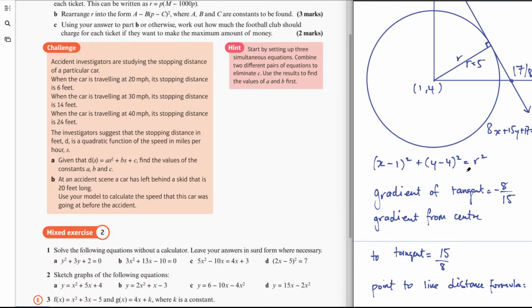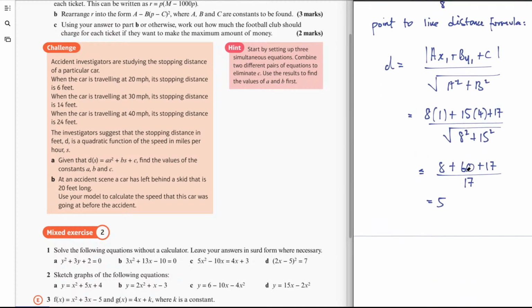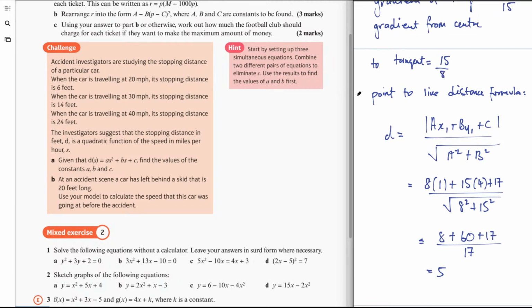And then we have our equation. So cool. So all we actually needed there was the point to line distance formula.